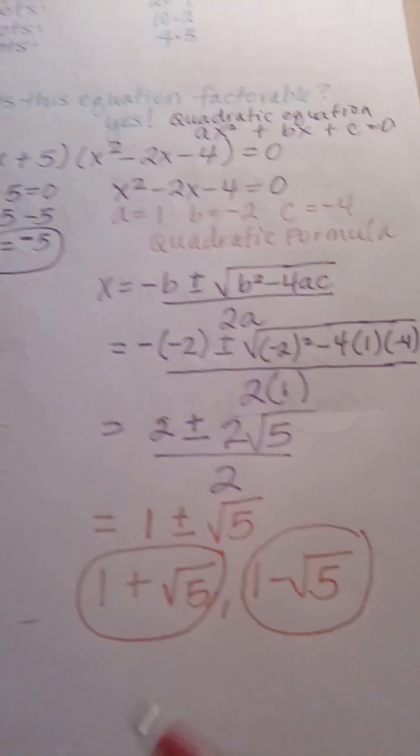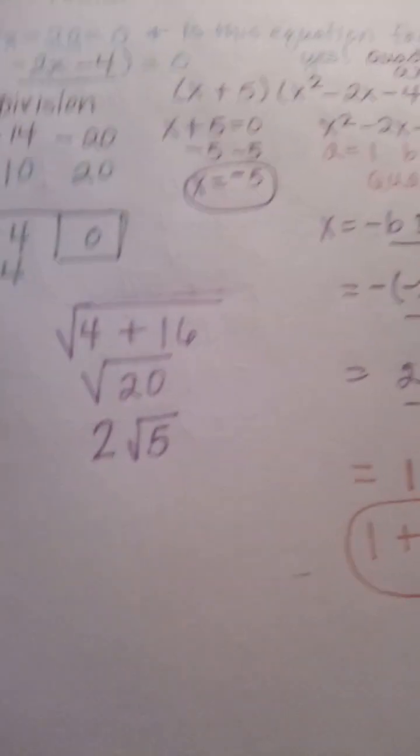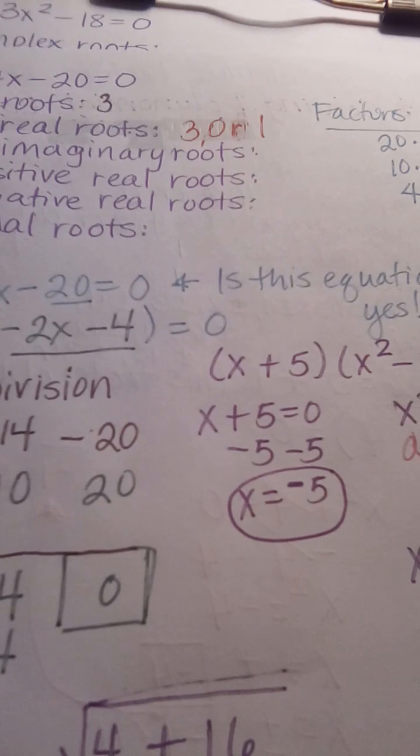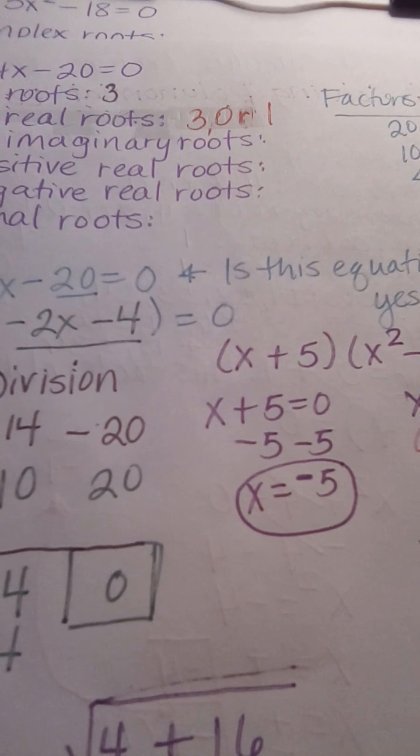You have 3 roots or 1 root, really. See right here? 1 root. Or it could be 3. Those are the possible answers. Any questions on that? Okay.